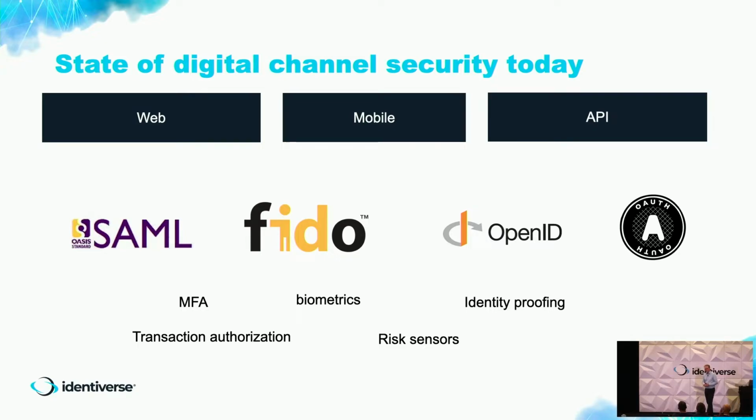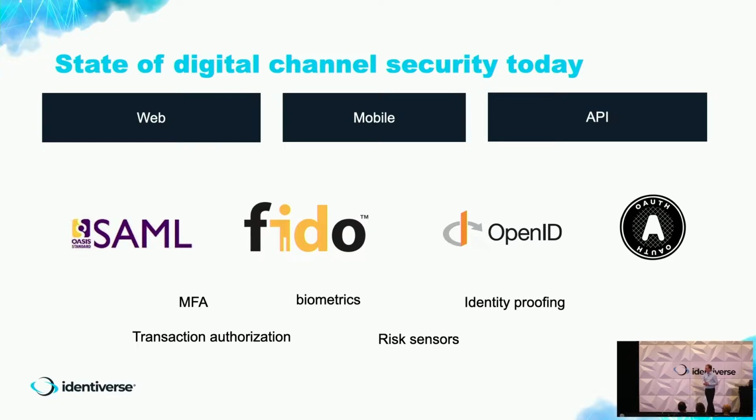So what channels do we have within our organisation today? We're all well versed with the web channel, doing things in a web browser, and mobile through mobile apps and APIs. We've spent the last 10 years working in this space. We've done a lot of work to secure these and to build a really good customer experience.